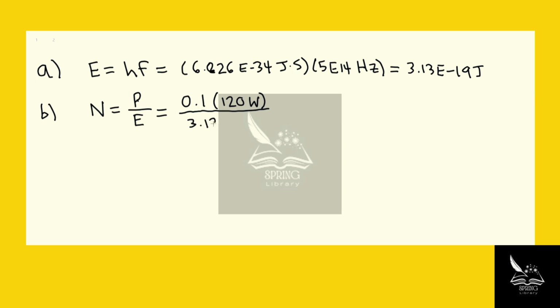Plugging in our result for the energy per photon, we can solve through. And we are left with a result of 3.622 times 10 to the 19 photons.